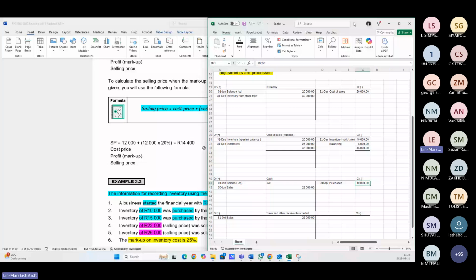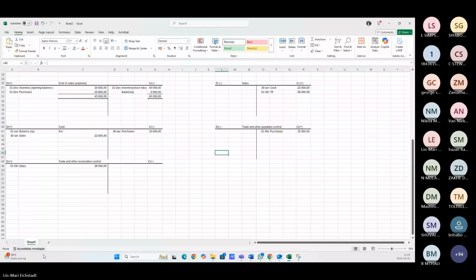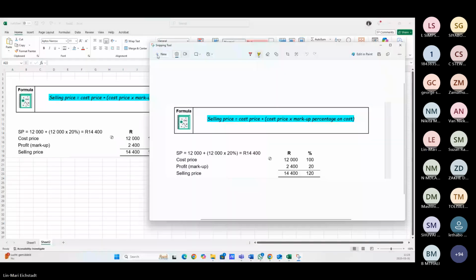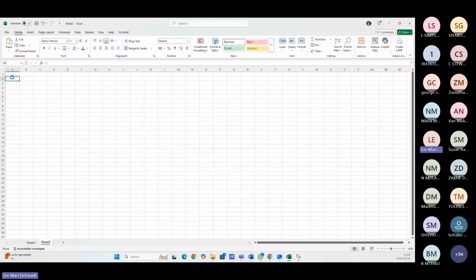So just in this example, just to show you the calculation, which might help before we carry on. Okay, so it's telling us that our cost price is 12,000 and our markup is 20%.